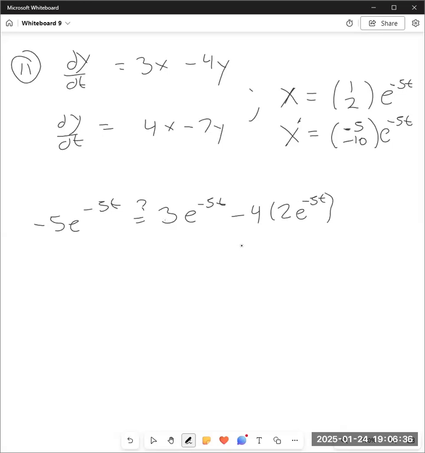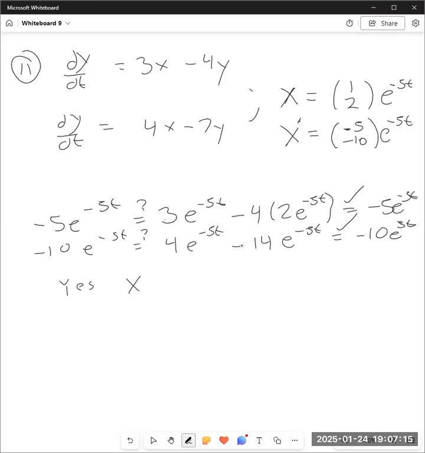So that is 3 minus 8, a negative 5 e to the negative 5t. So check. And the bottom row is negative 10 e to the negative 5t. Is that equal to 4 times 1, which is 4 e to the negative 5t, and negative 7 times 2, which is negative 14 e to the negative 5t, giving a negative 10 e to the negative 5t? Check.